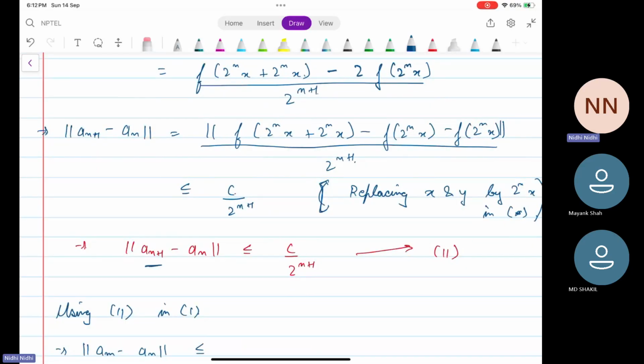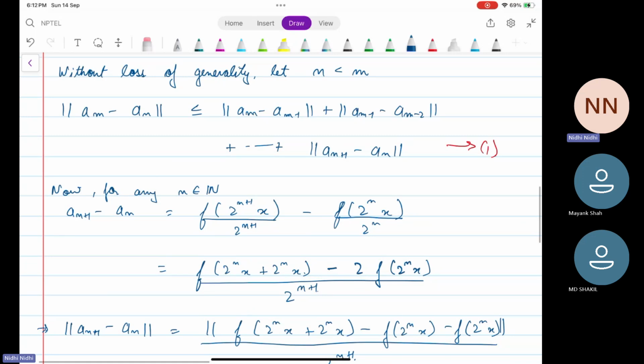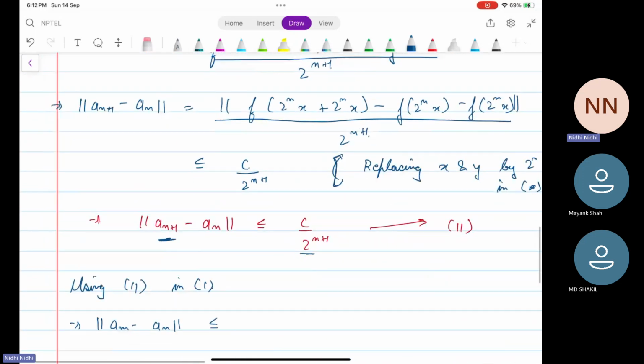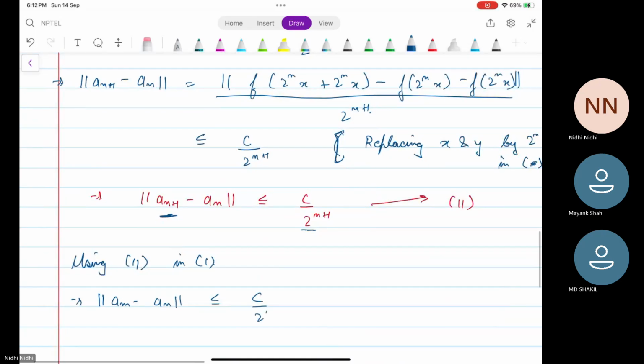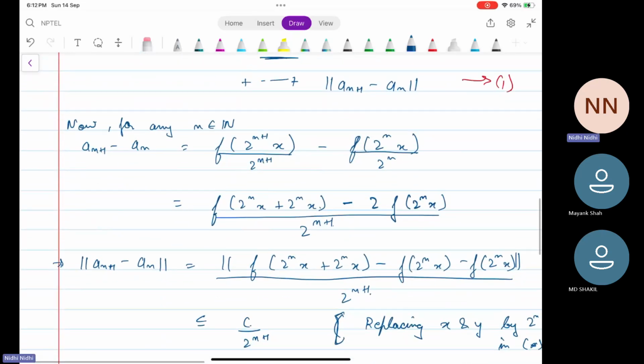We can see that the power of 2 is the same as the subscript of the next term. So that gives us c upon 2 to the power m plus c upon 2 to the power m minus 1, and so on up to c upon 2 to the power n plus 1.